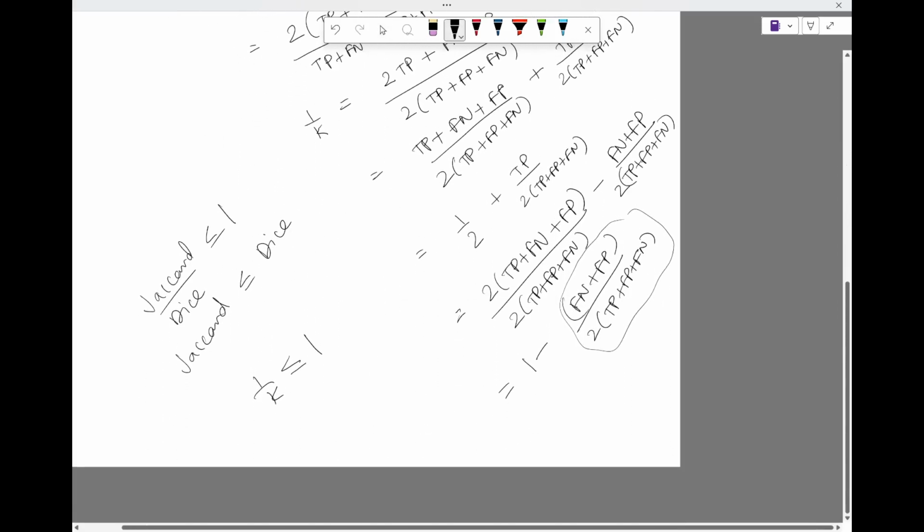When there is no false negative and no false positive, this term will be 0. This term is 0 means K is equal to 1. K is equal to 1 means both Jacquard and Dice are equal and are equal to 1.